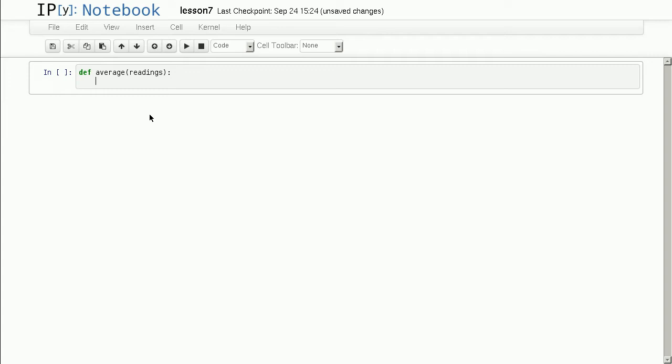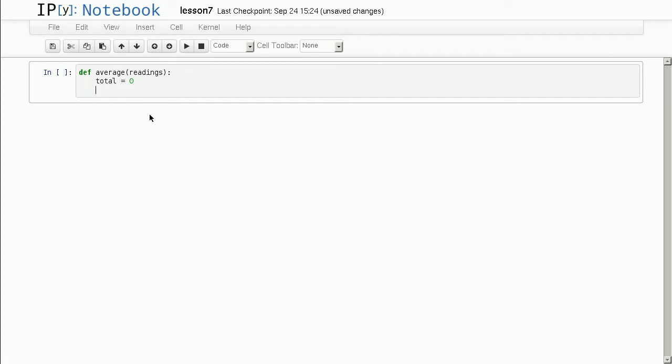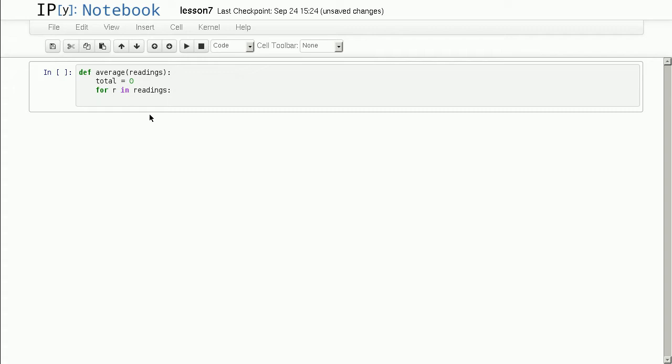One way to do that would be to start with a total at 0 and then add to it. This is kind of a verbose way to solve this problem. I'll say for r in readings, which means I'm going to loop through every reading, no matter how many there are, and in this loop, each time I'll set r to that particular reading. Then I'll take total and add r to it.